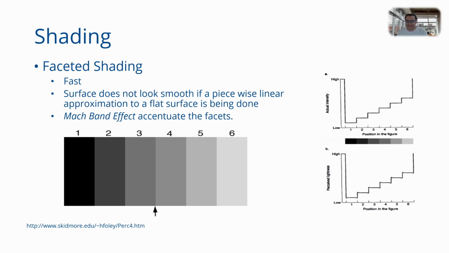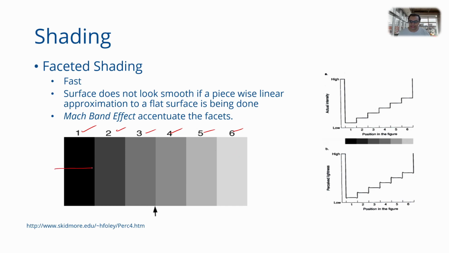So what do we mean by that? Consider this example. So consider that you have colored facets 1, 2, 3, 4, 5, 6 here using these shades of gray, starting from very light gray and going up to very dark gray or black.